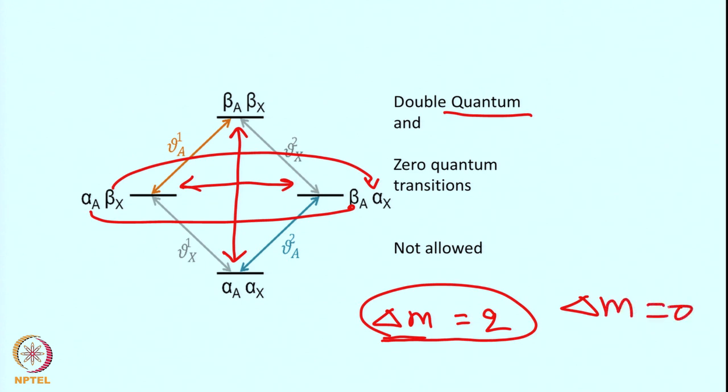Generally double quantum or zero quantum transitions are not allowed, so remember, these are not allowed transitions in NMR. However, using some trick one can exploit these transitions. They are generally called the forbidden fruit of NMR spectroscopy, and there is some benefit of that because of relaxation parameters, which we will come to later.